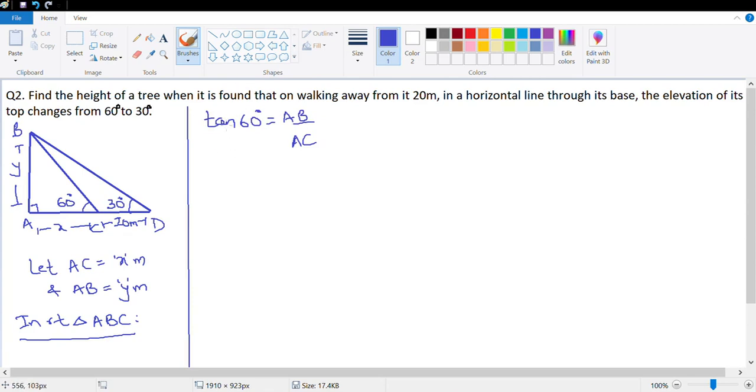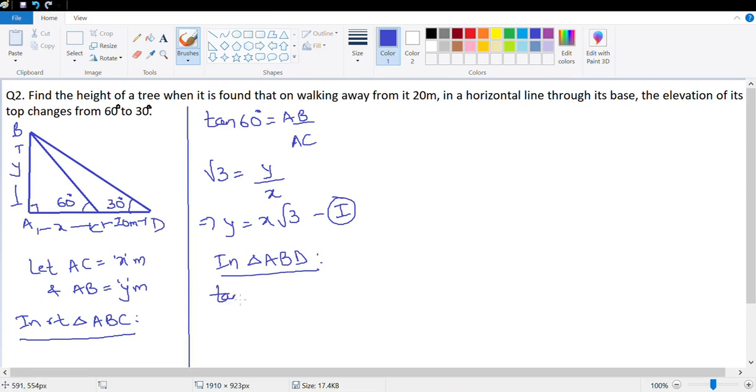Tan 60 degree is equal to root 3, which means root 3 is equal to AB, which is Y, upon AC, which is X, which means Y is equal to X root 3. That's my first equation. Let's look at the second triangle, which is in triangle ABD. Next, again, it will be the tan function.